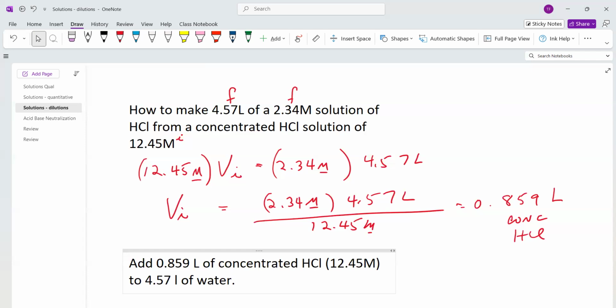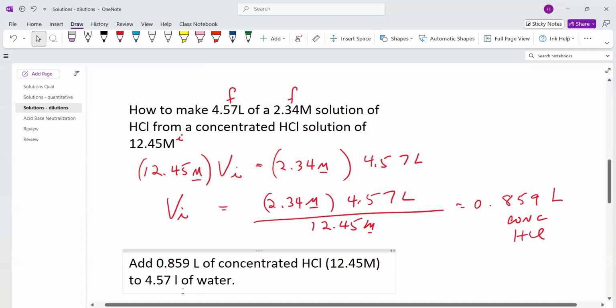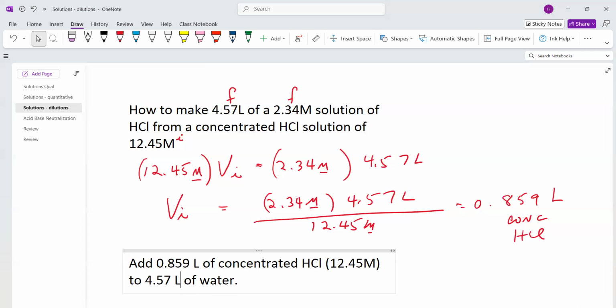You'd add 0.859 liters of concentrated hydrochloric acid to 4.57 liters of water. Okay, that work? What's wrong? It's too much solution. Right, because we didn't account for the liters of concentrated acid.